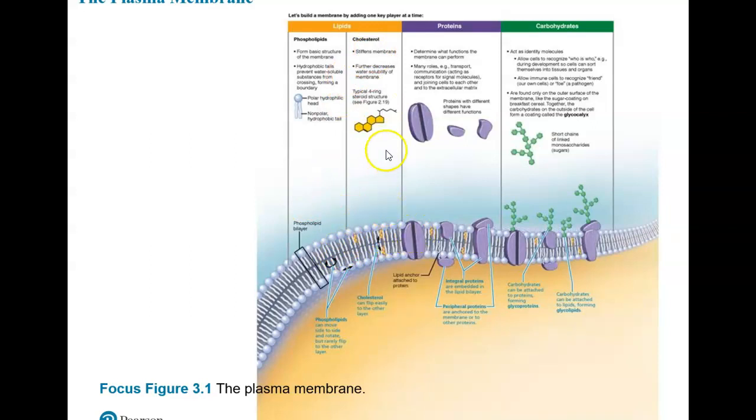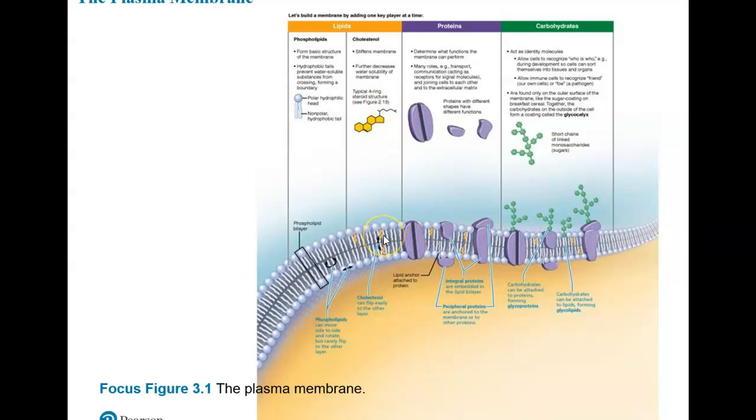Embedded within the membrane, there are also cholesterol components, which give the cell membrane structural support, and it also helps prevent things from penetrating the cell.